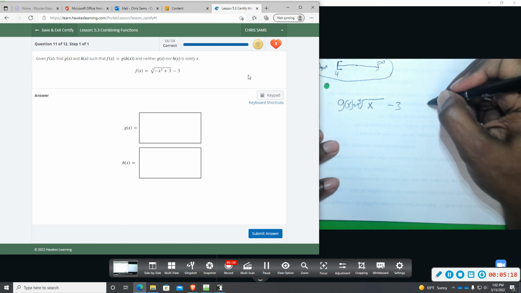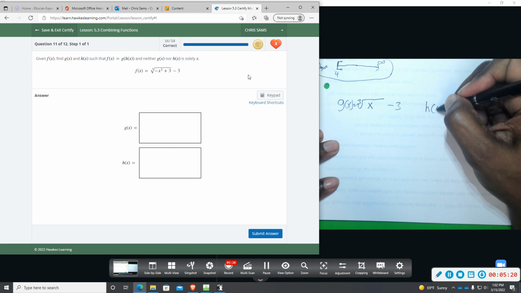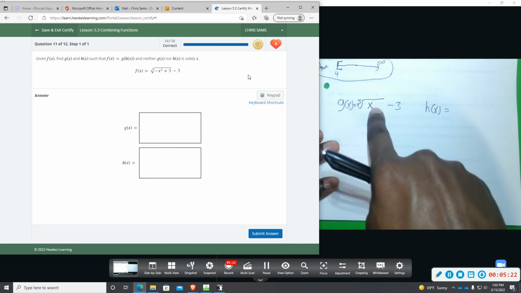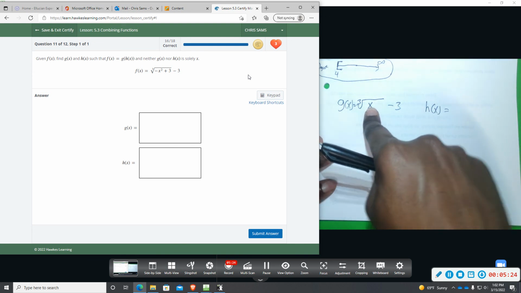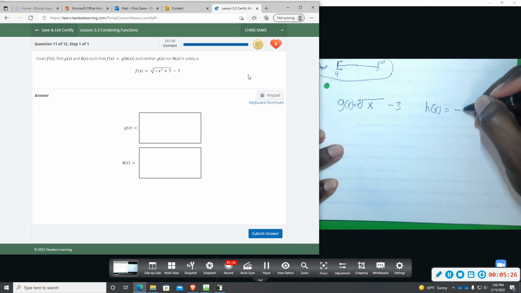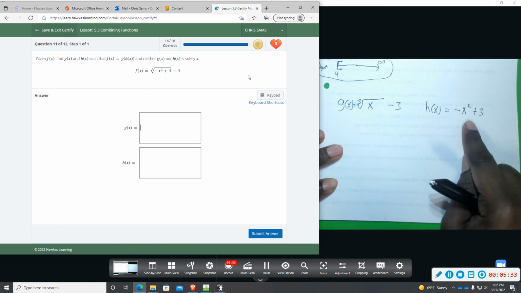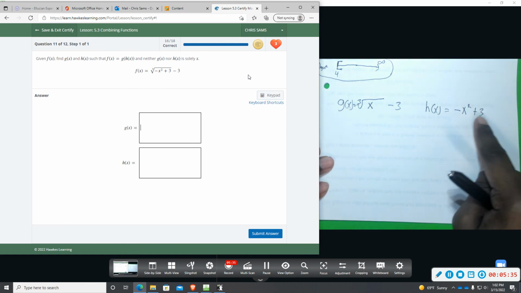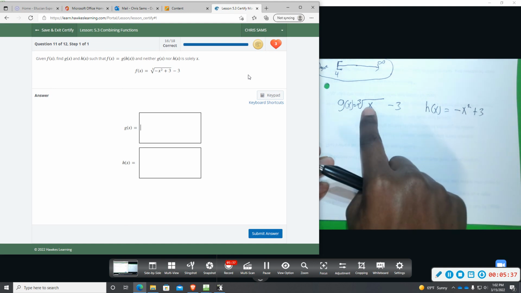And then if we let h of x equal everything that was under there, the inner function, that would be negative x squared plus 3. Then whenever I plug this in for x, you will get the original function.